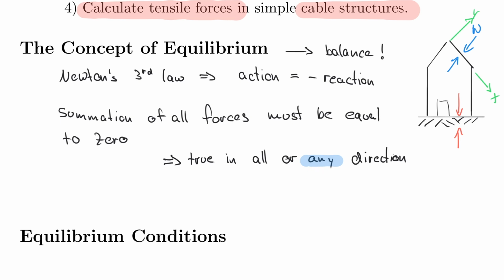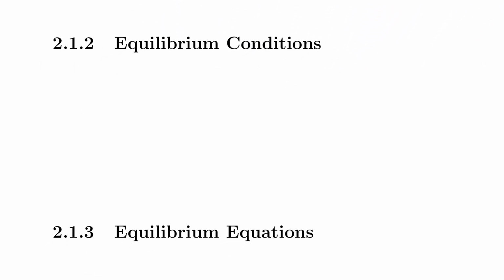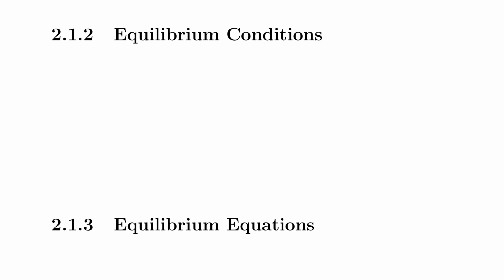So now we're ready to tackle the equilibrium condition, and the equilibrium condition really states exactly that, except in engineering terms. So we would say that the sum of the forces in any direction is equal to 0.